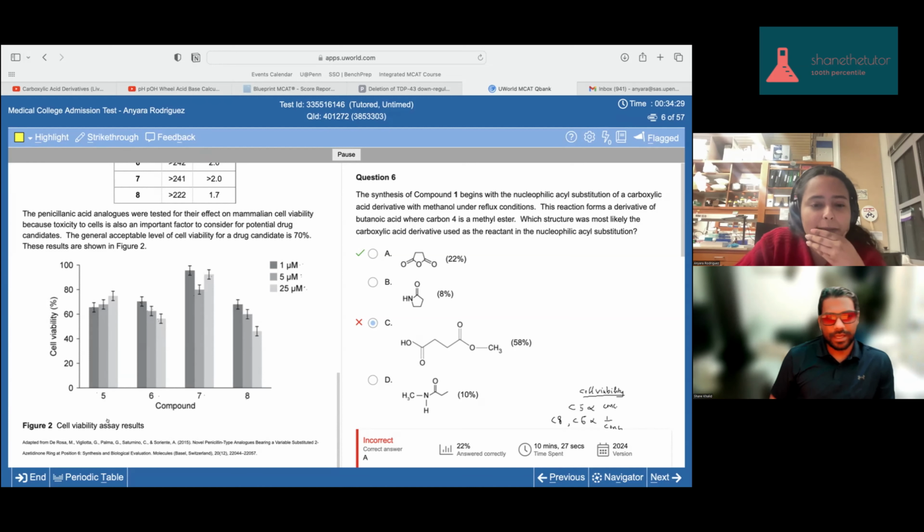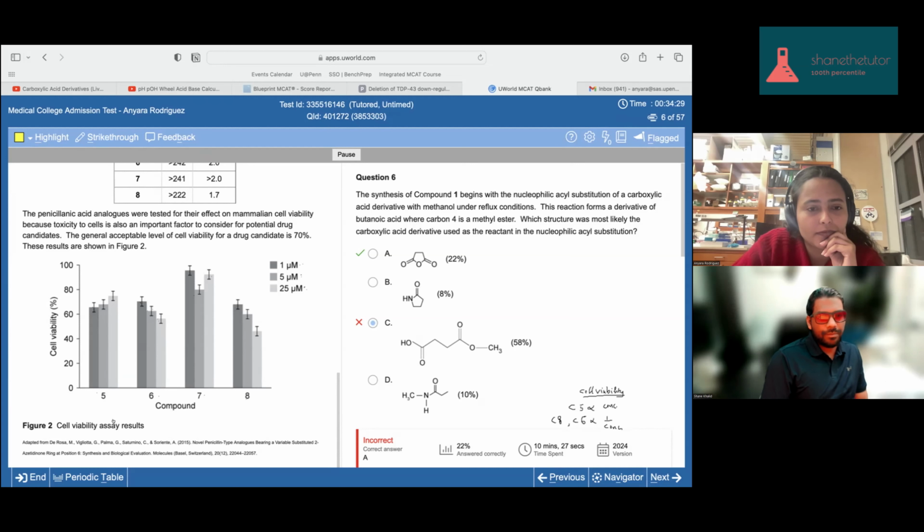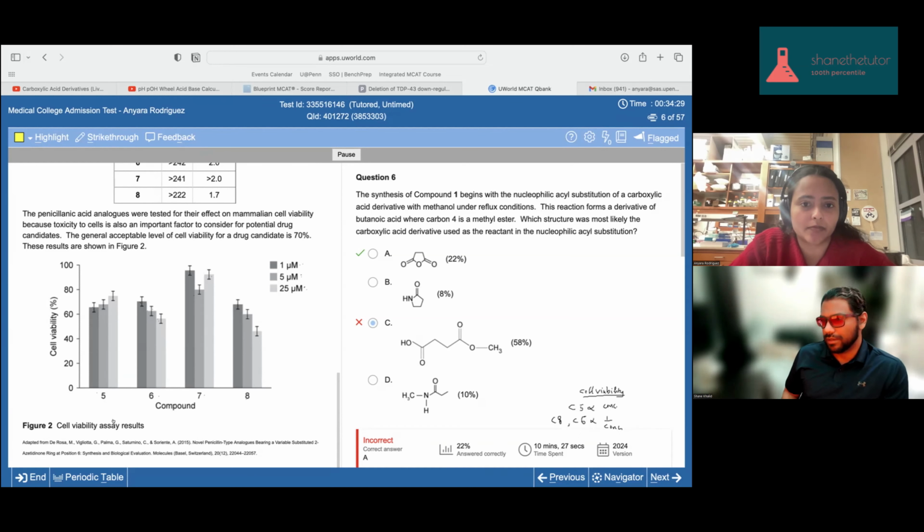So for the most part, when it comes to these charts and data, on your first read, you're not going to spend too much time on it. You just want to take away some vague idea of what they're trying to show you. And then if they ask you questions about it, you can go back. It's kind of the opposite of what I say for CARS. For CARS, I tell students not to go back unless you really have to.